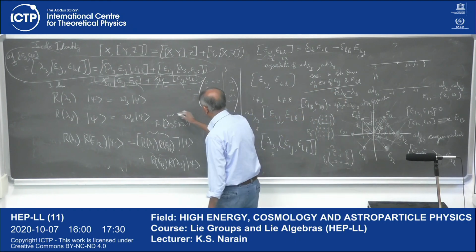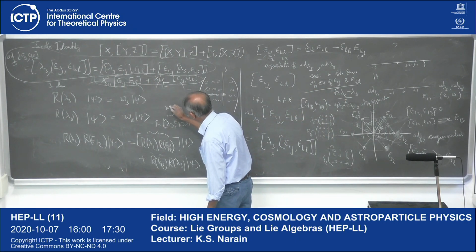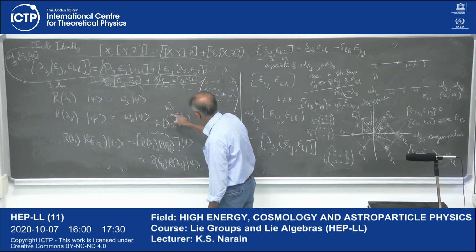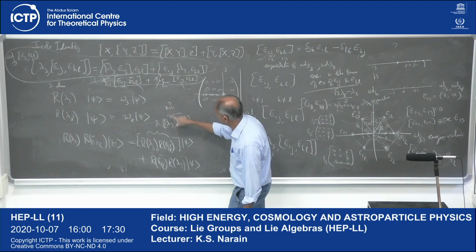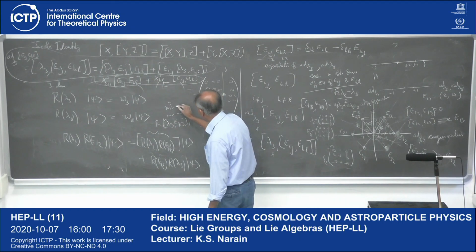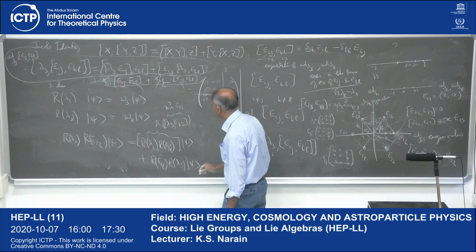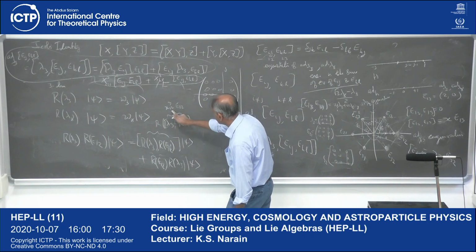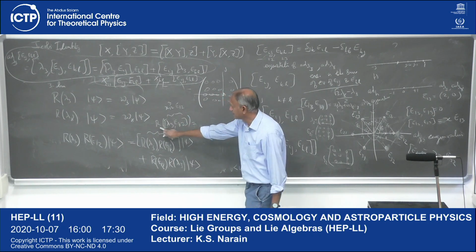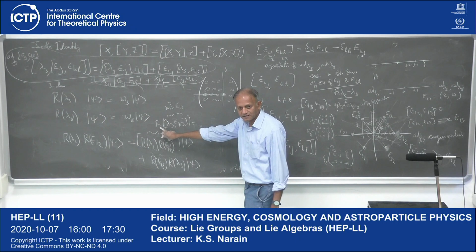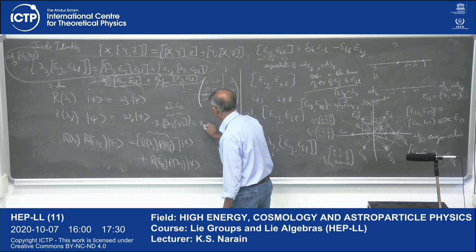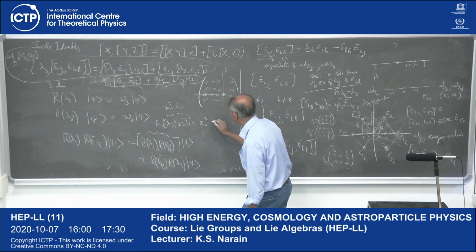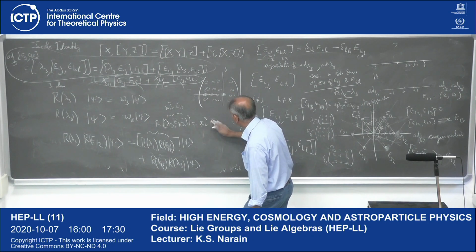Whatever it is, let me call it x12,3, meaning the eigenvalue of E12 with respect to lambda 3, times E12. Therefore this is a number, and remember, the representation also preserves the vector space structure, so the number I can take out. So this is the same as x12,3 times R E12.